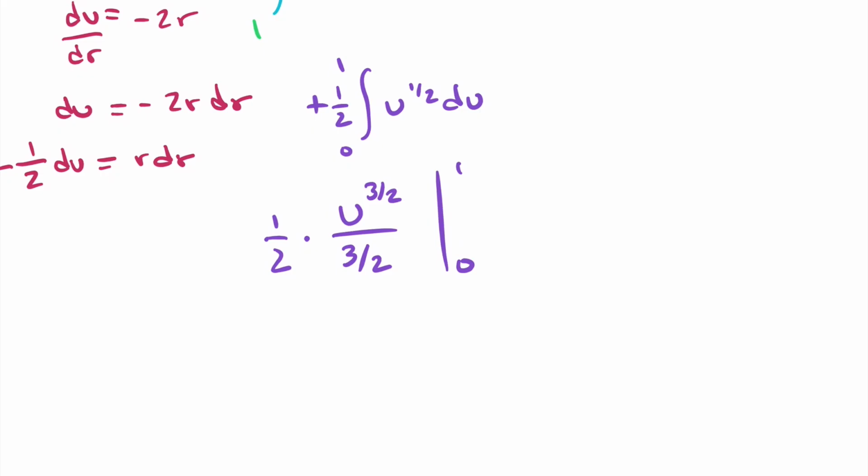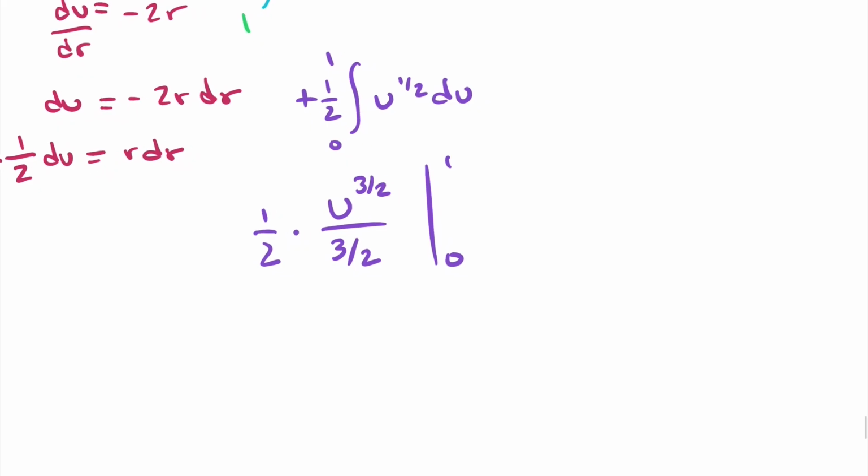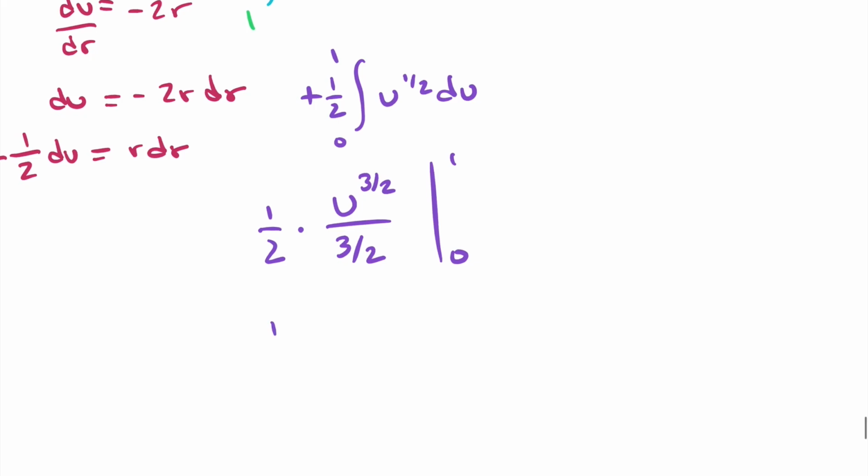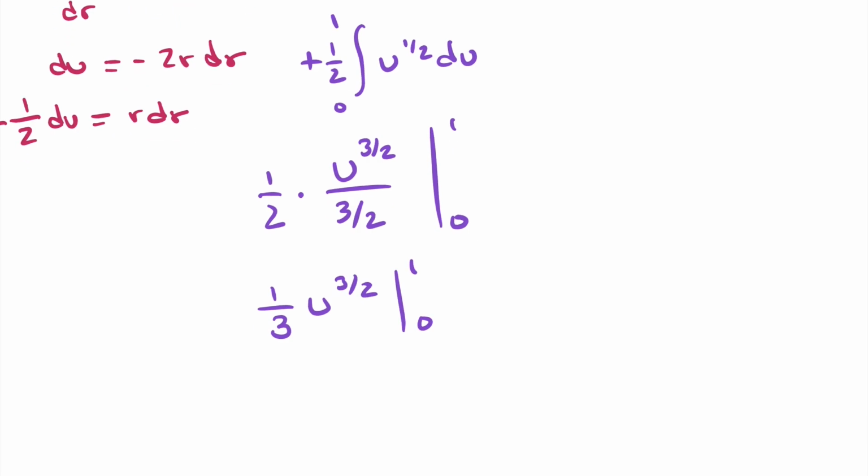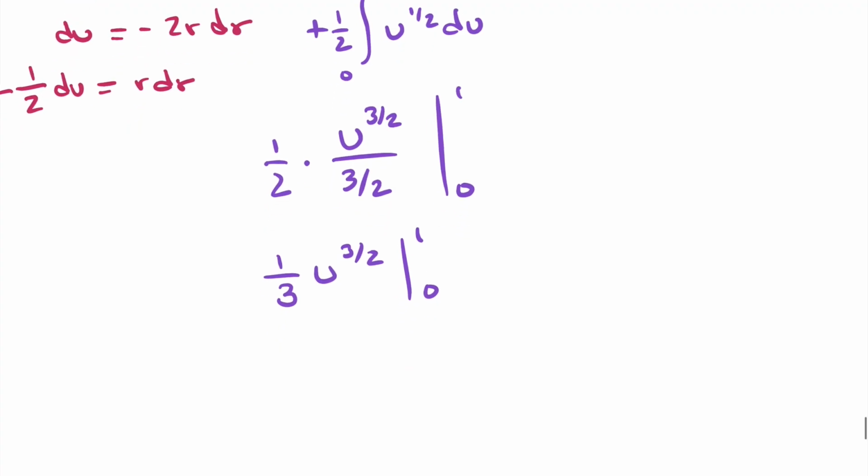So this changes into 1/2 times 2/3, so that's actually just 1/3 u to the 3/2 when I simplify the fraction over fraction, or the denominator being a fraction.